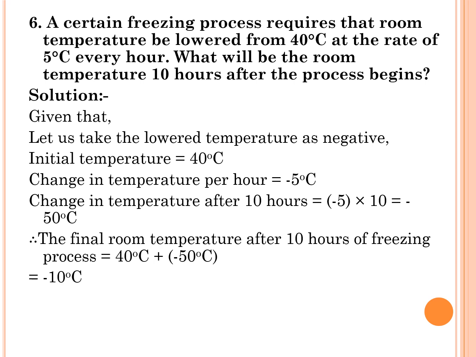A certain temperature freezing process requires that room temperature be lowered from 40 degrees Celsius at the rate of 5 degrees Celsius every hour. What will be the room temperature 10 hours after the process begins? Solution for this problem is, let us take the lower temperature as negative, initial temperature as 40 degrees, change in temperature per hour is minus 5 degrees Celsius.